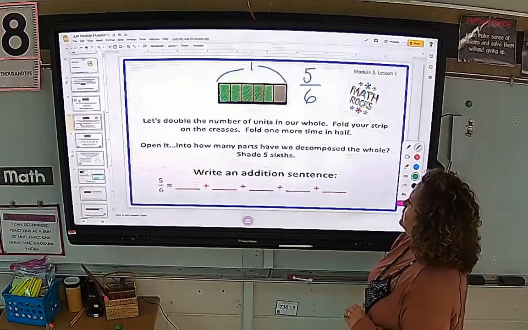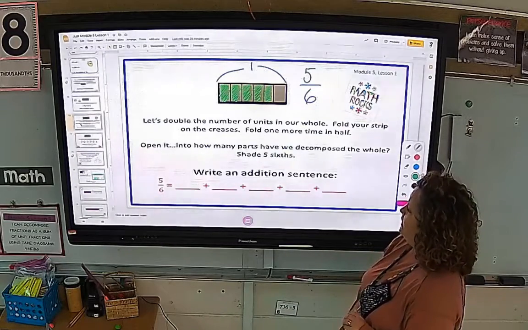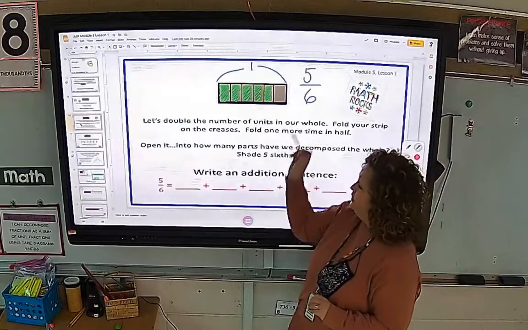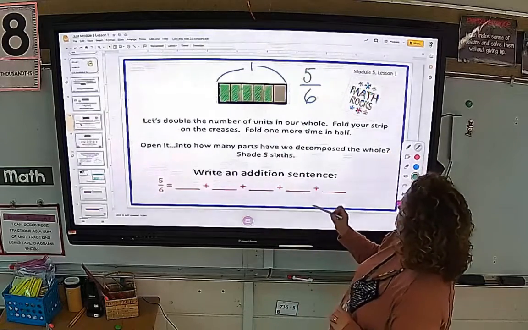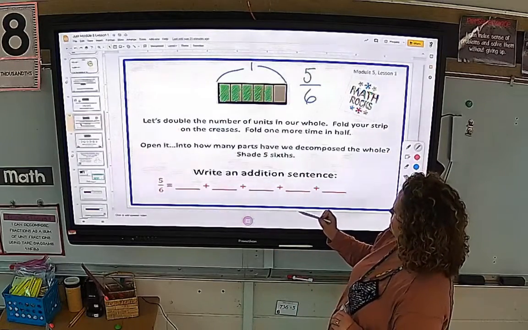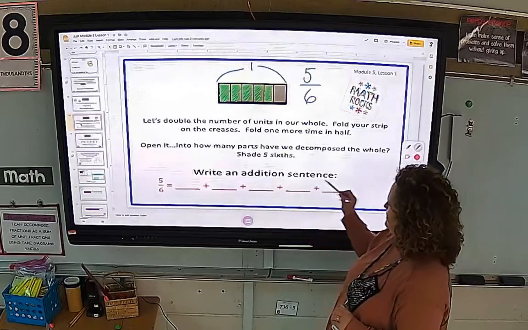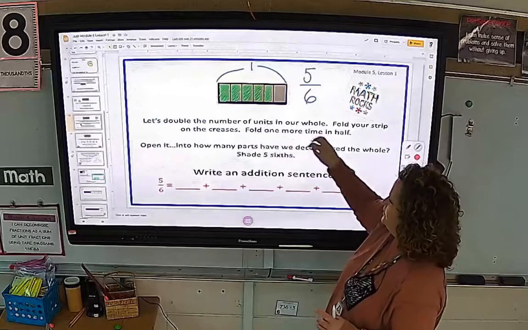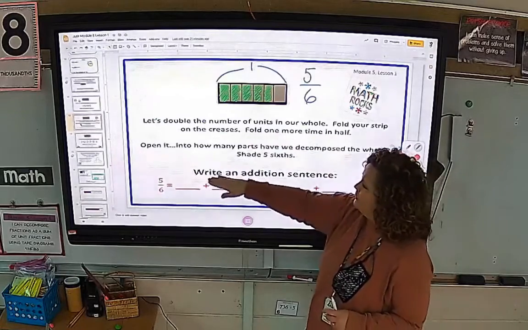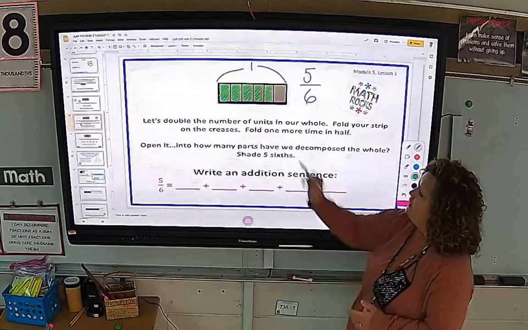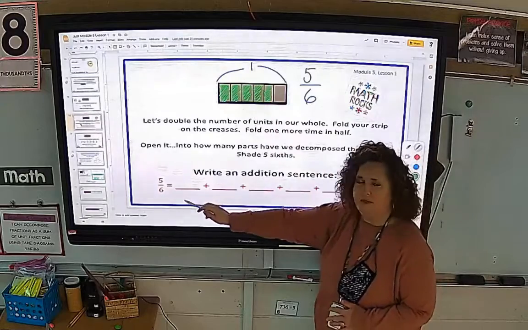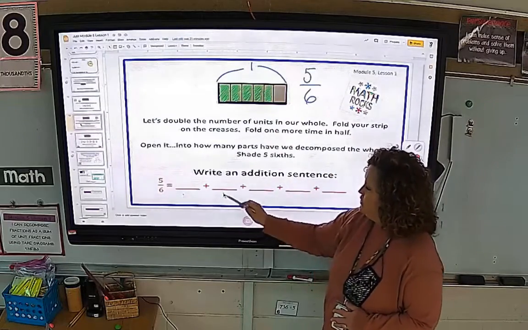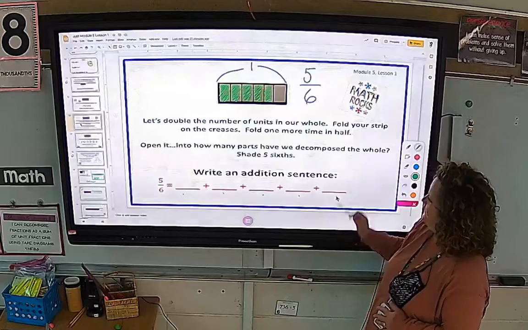Okay. So if we are going to decompose, let's write an addition sentence. And I'm sorry, because of the paper strip thing, we're jumping over a lot of this. But if we're going to write an addition sentence for this right here, look at how many blanks they've given us. 1, 2, 3, 4, 5.